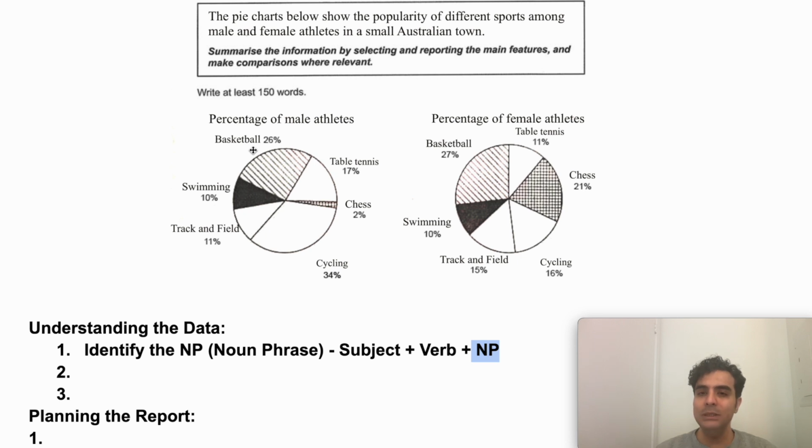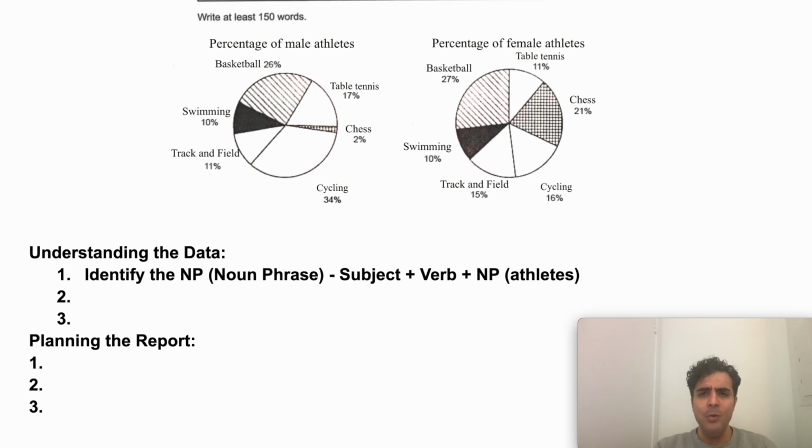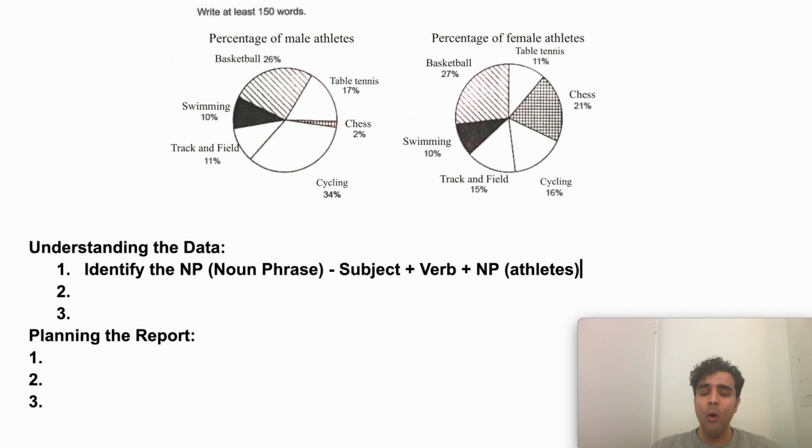But if we look closely at the NP, and we realize that it's basically the percentage of male and female athletes. So the NP core in this case is athletes. Now you might be wondering, okay, fine, but how is this important? Well, it's important because later when we are writing our report, we know that whenever we say 26%, we are referring to 26% of male or female athletes.